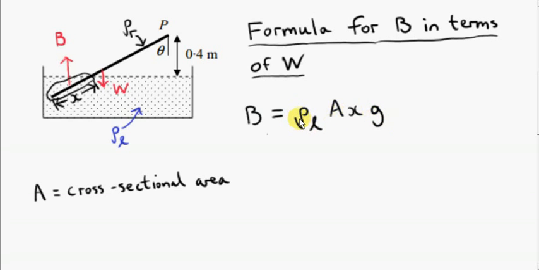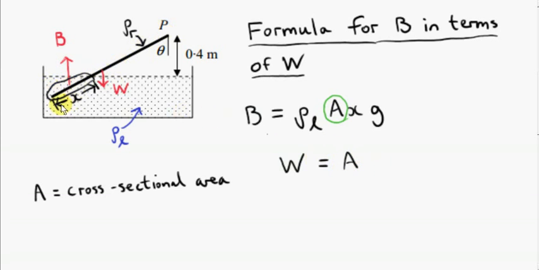Next, just like before, we have to try and get rid of this A. So to do that, we bring in the weight of the rod. We want to get B in terms of W after all. So let's write down the weight of the rod using its volume and density. So what's the volume of the rod? Well, it's the cross-sectional area, A, multiplied by its length.